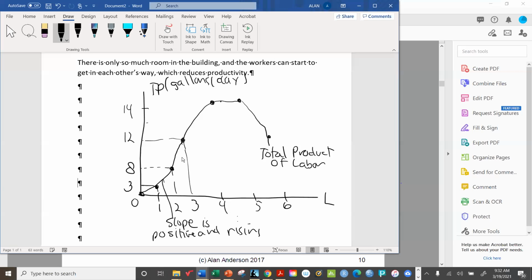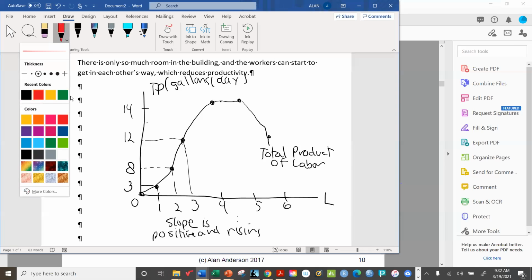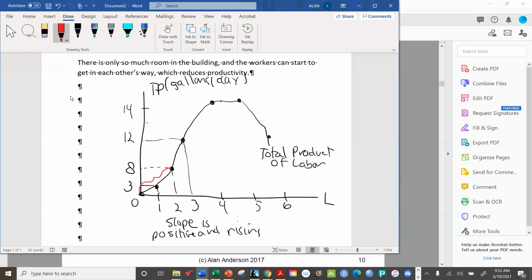That takes place everywhere up to 2. The slope is positive and rising. And then here, no, it's not the slope so much.